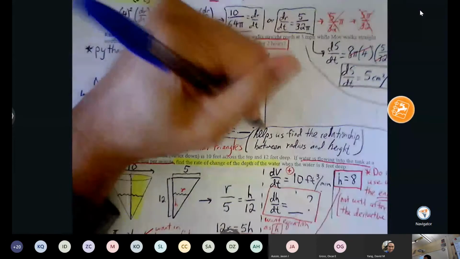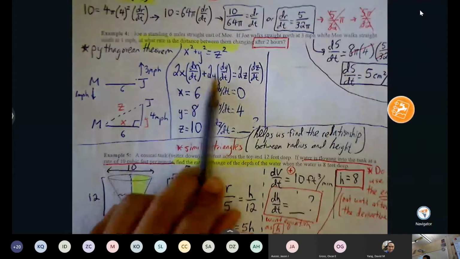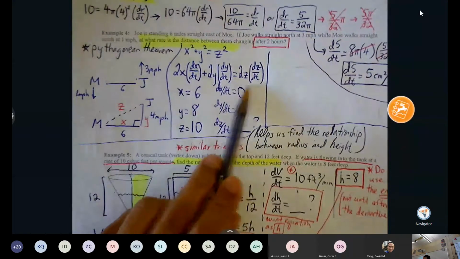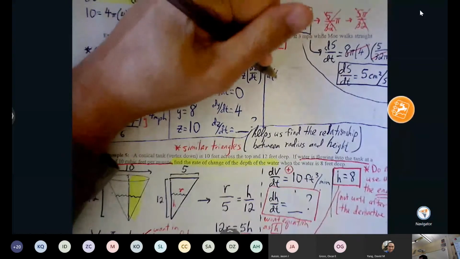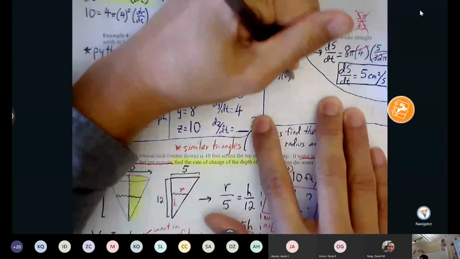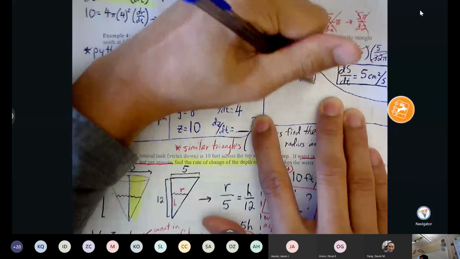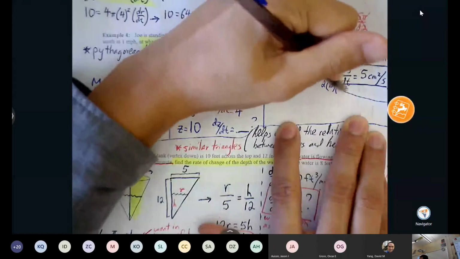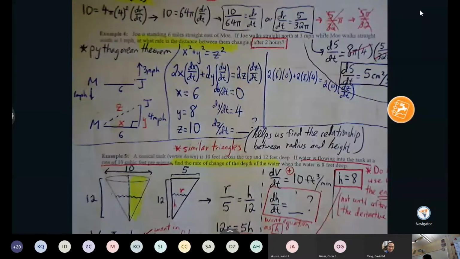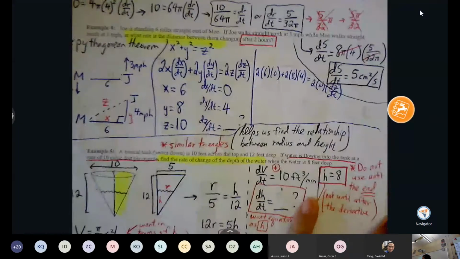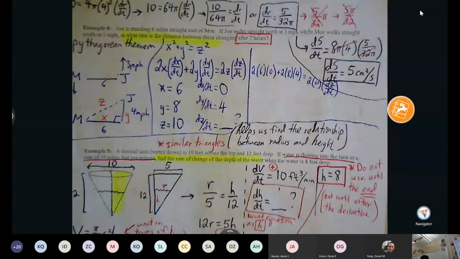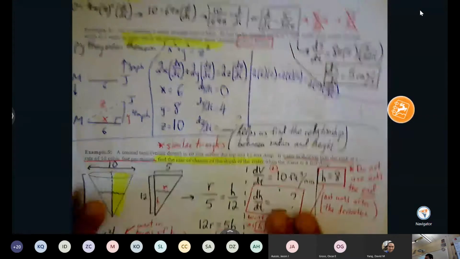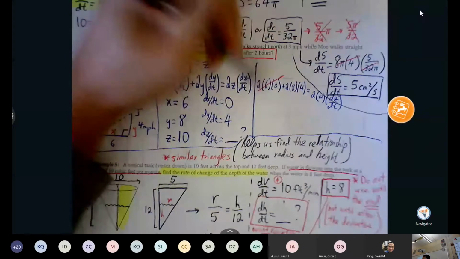So all these variables get put into our derivative equation, and then we should be able to solve for dz dt now. Okay, this goes away nicely to 0.